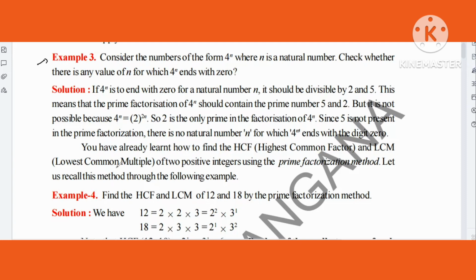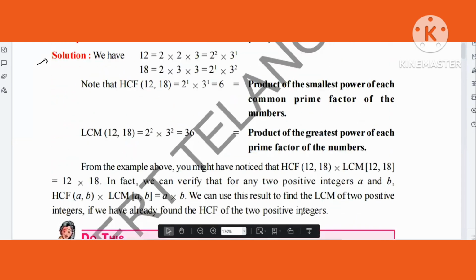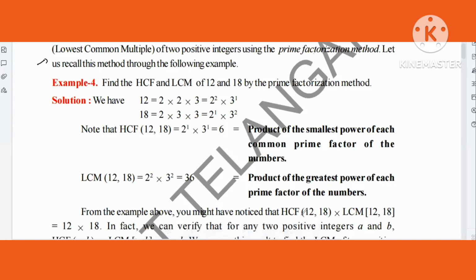And now, how to calculate LCM by using the prime factorization method. In the first exercise we discussed how to calculate only HCF by using the Euclid division algorithm, but here we have to calculate LCM and HCF by using prime factorization.